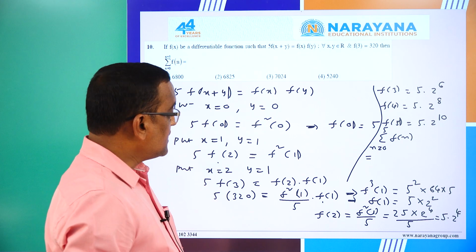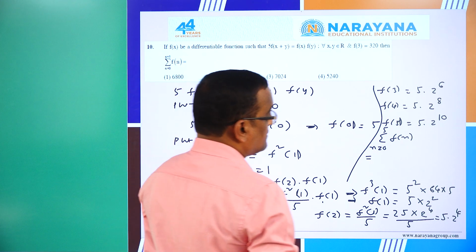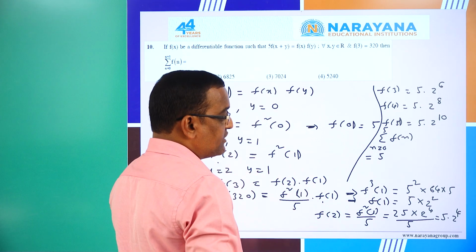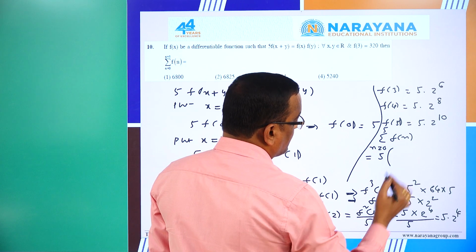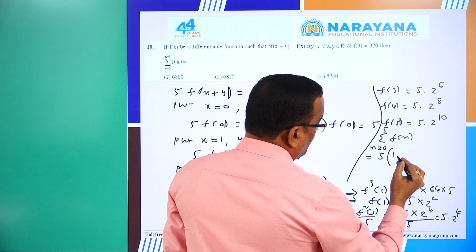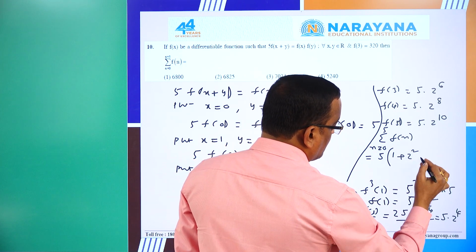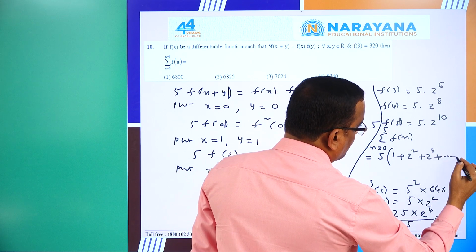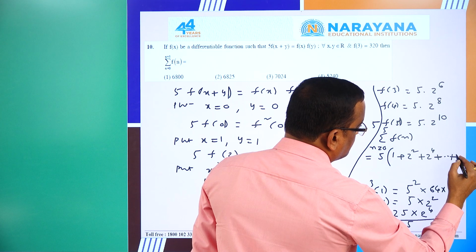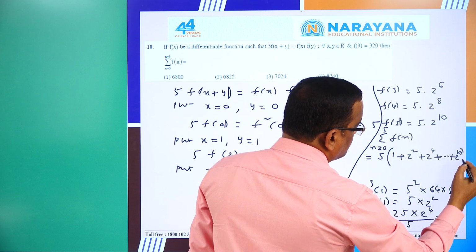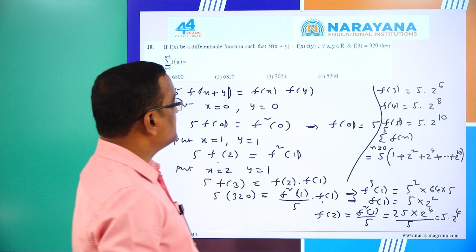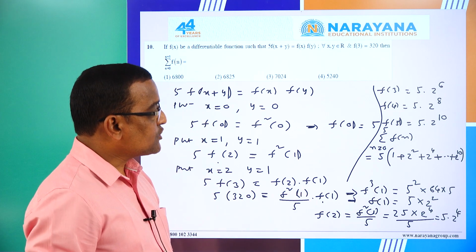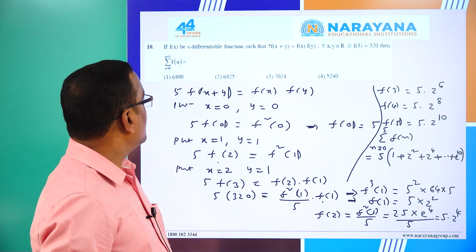Here f of 0 is 5, f of 1 is 5 into 2 square, and taking 5 common from all the terms, it is 1 plus 2 square plus 2 power 4 and so on up to 2 power 10. Now, this is in GP: first term 1, common ratio 2 square, and number of terms 6.